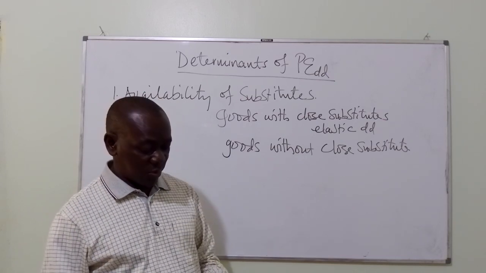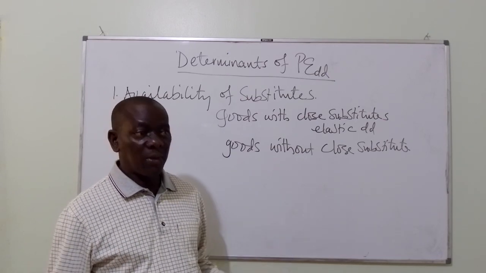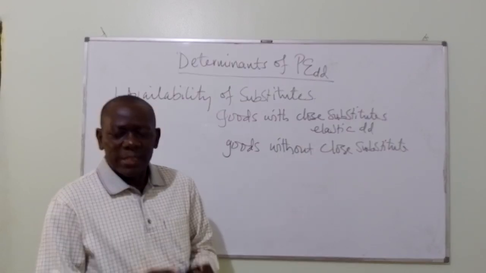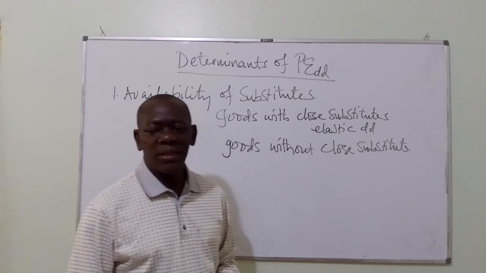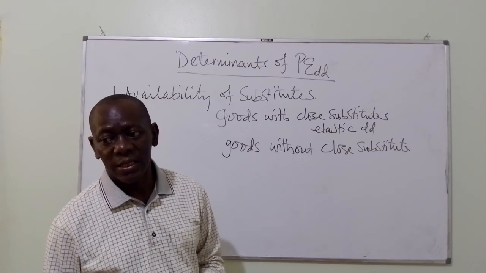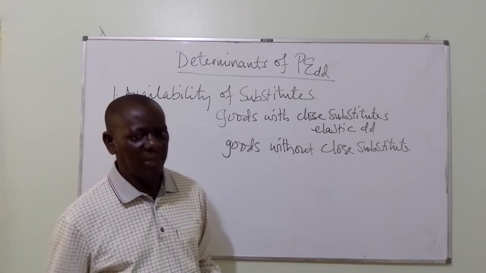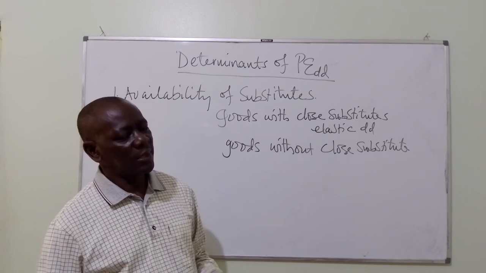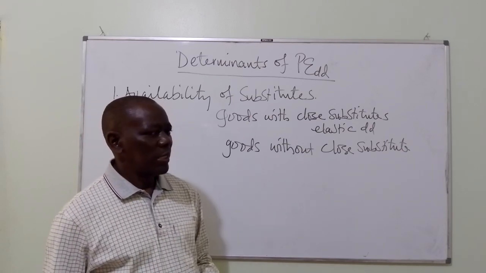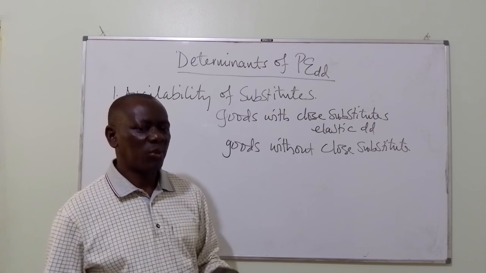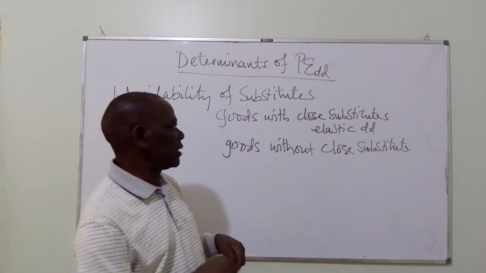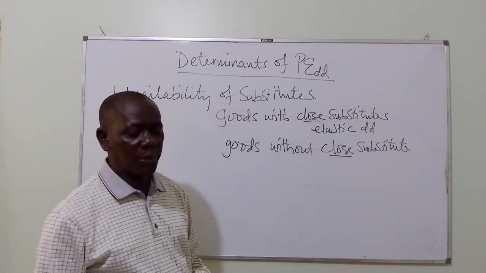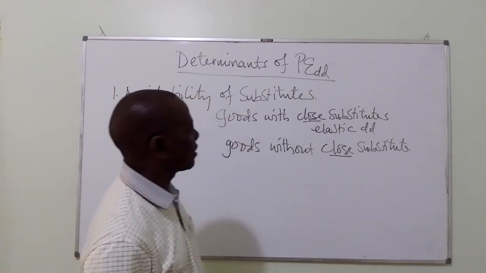Even the oxygen that God gave us, in case you need oxygen which is not enough, they put you on artificial oxygen for some hours. It cannot be forever, but for some hours you are going to have that oxygen. So there is a substitute, but not a close substitute. So it's important we use close substitutes.